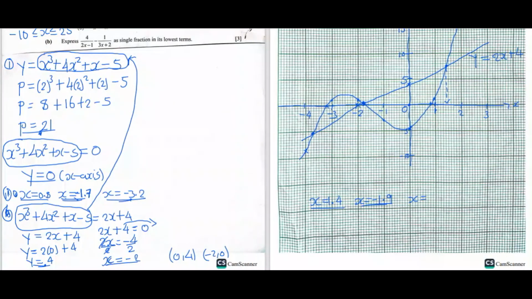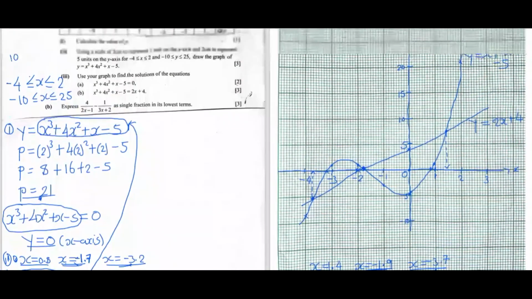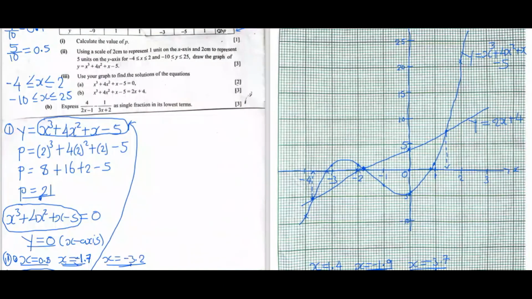So we'll move here. So move parallel to the y-axis but up. Then we can see that we are touching at negative 3.7. So negative 3.7. So this is how you can find the solutions given a cubic function like this one.